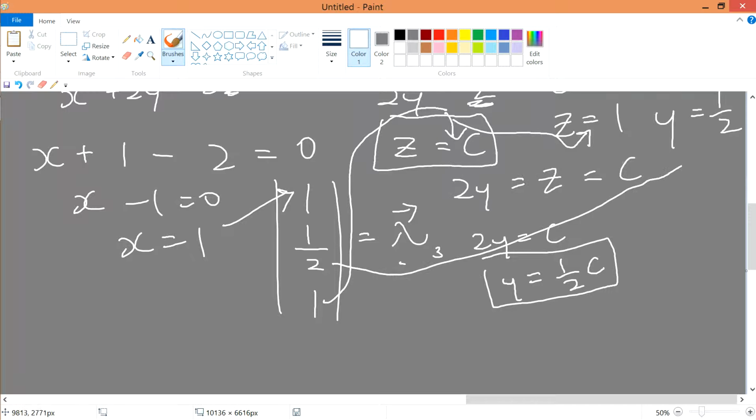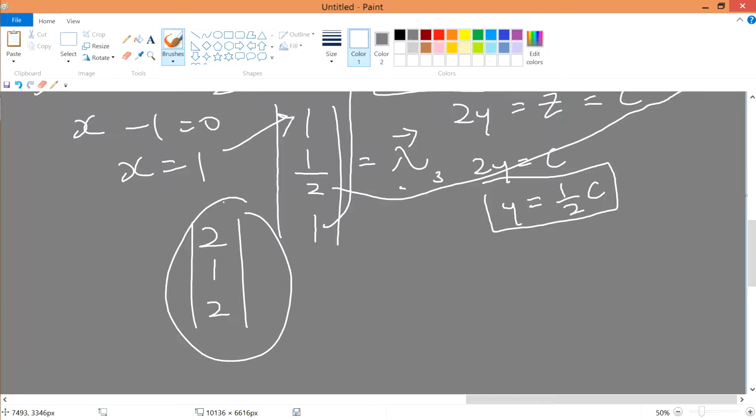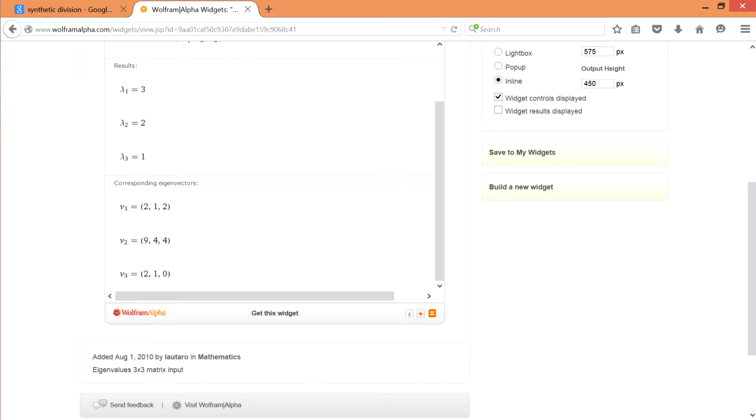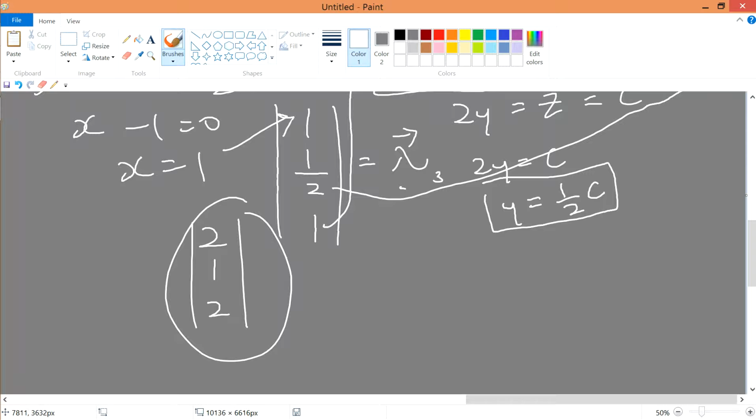And then the half which is this one. So if you want to make it nicer, because this has a half decimal, you want to make it whole numbers, so you just simply change it to 2, 1, 2. It's just a multiple of each other, that's all. So when you do this, this is your eigenvector, and this corresponds to this, and this sums up type 3 of the system.